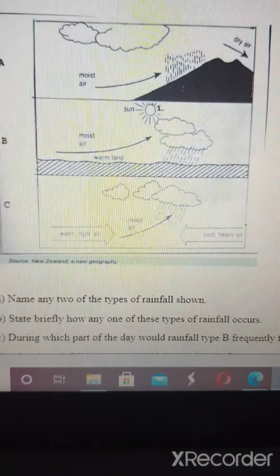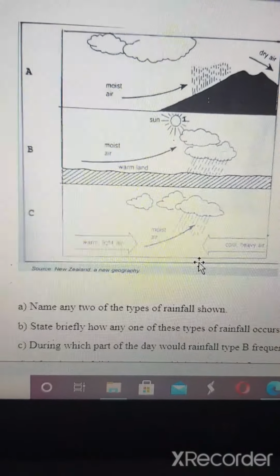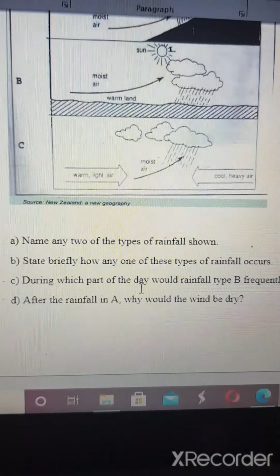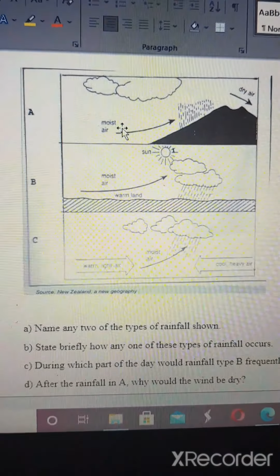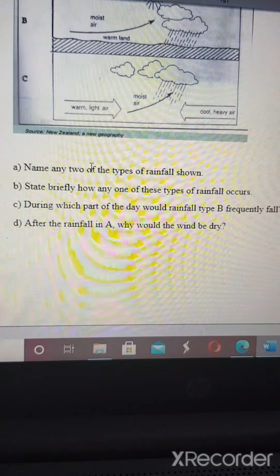I would expect the students to work in groups and email me the answers, and this is the activity students are asked to attempt. So you can see, these are the questions.